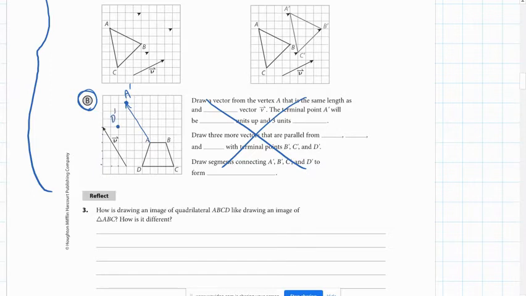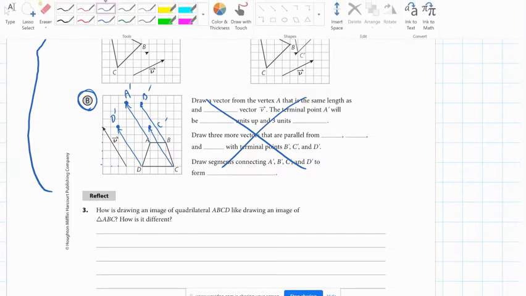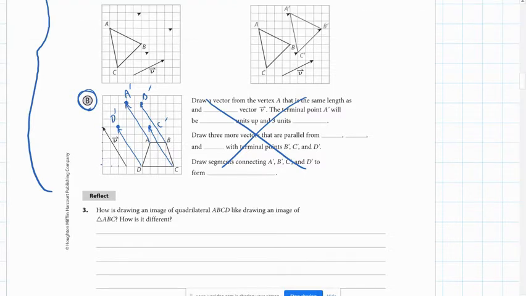Point B I'm going to move to B prime, and point C is going to move to C prime. And so our new figure is A prime, B prime, C prime, D prime.